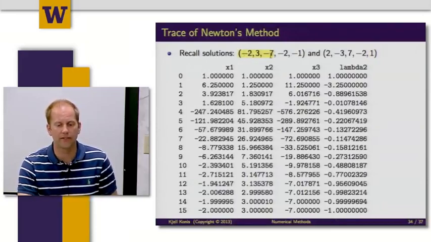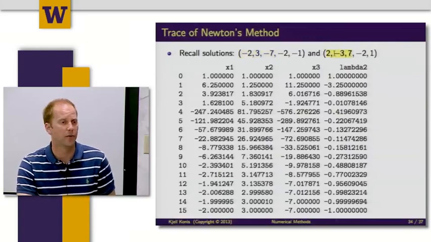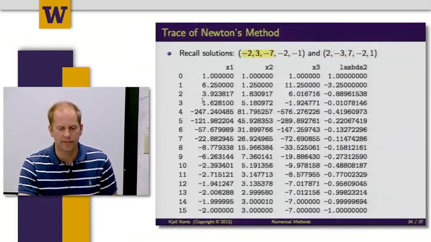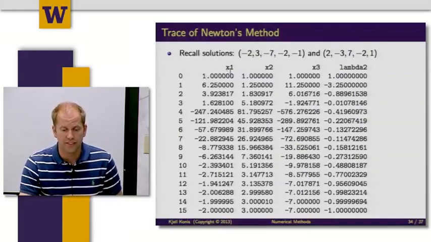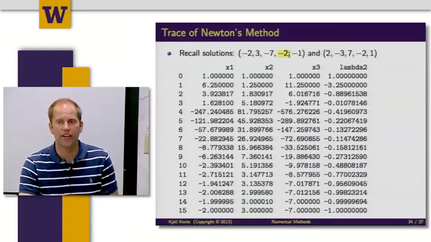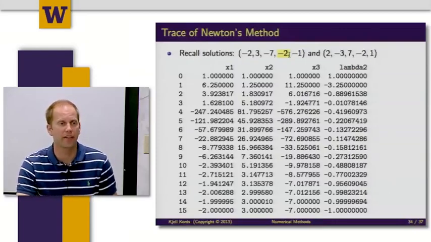So I'd get negative 2, 3, negative 7, and 2, negative 3, 7. So it's the first 3 are just multiplied by negative 1 to get the first 3 of the other solution. And what this big R matrix is showing, so it's showing the values for x1, x2, x3, and lambda 2. So since I got the lambda 1 for free, I didn't bother putting that in here, but I could have. It just would have made things a bit more complicated.